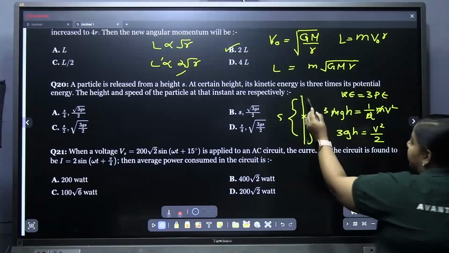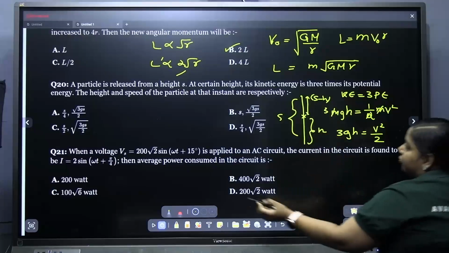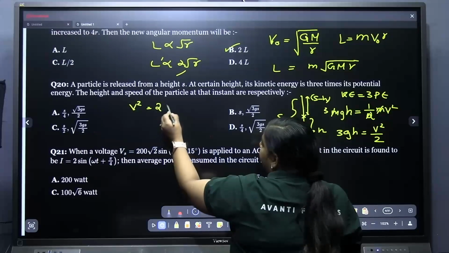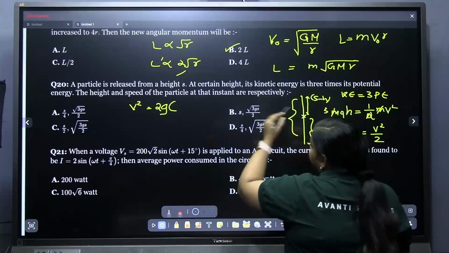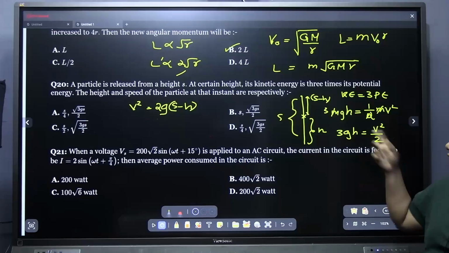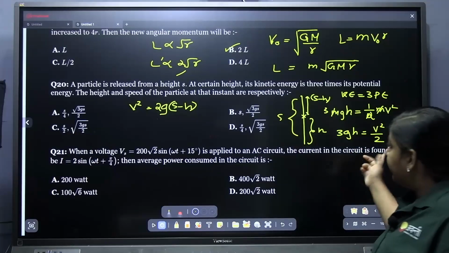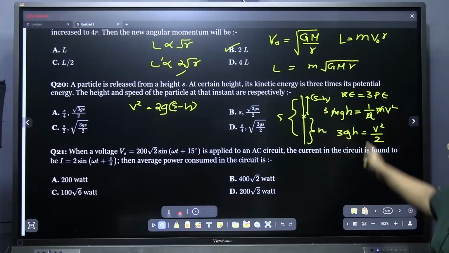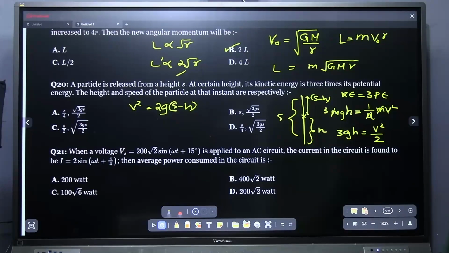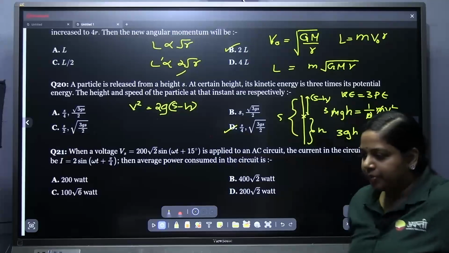The distance covered is s minus h, which means v square equal to u square, which is 0, plus 2a, acceleration is g, distance covered is s minus h. You can substitute this value and solve. You can calculate for h, and I think option D is the answer. Very good.